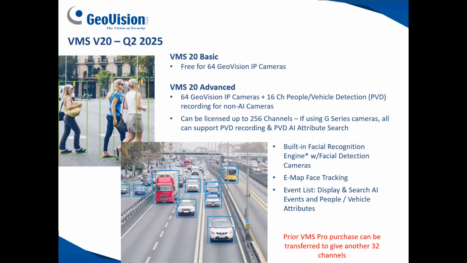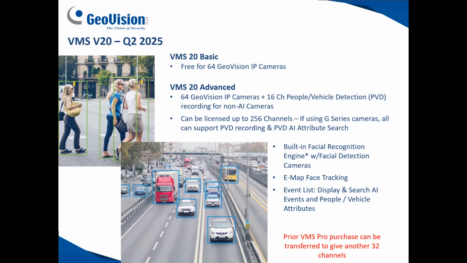You can then purchase what's called VMS v20 Advanced, and there are two options when purchasing this. The first tier gives you 64 GeoVision camera connections, and it unlocks camera-side analytics for all 64 of those cameras. In addition, it can also provide 16 channels of people and vehicle detection-based recording for any cameras without AI analytics.